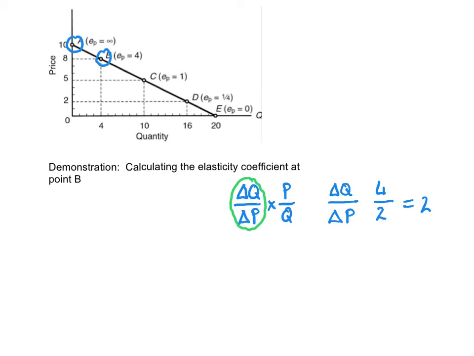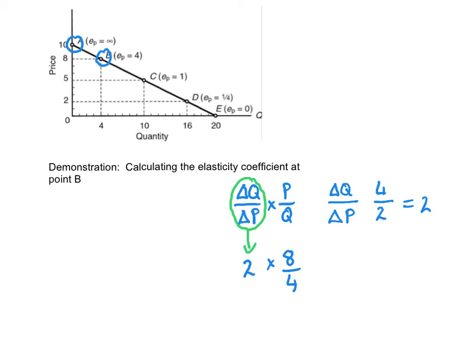The price at B is 8, so we now know what this value is over here. We know that that value is 2. So the price at B is 8, and the quantity at B is 4.